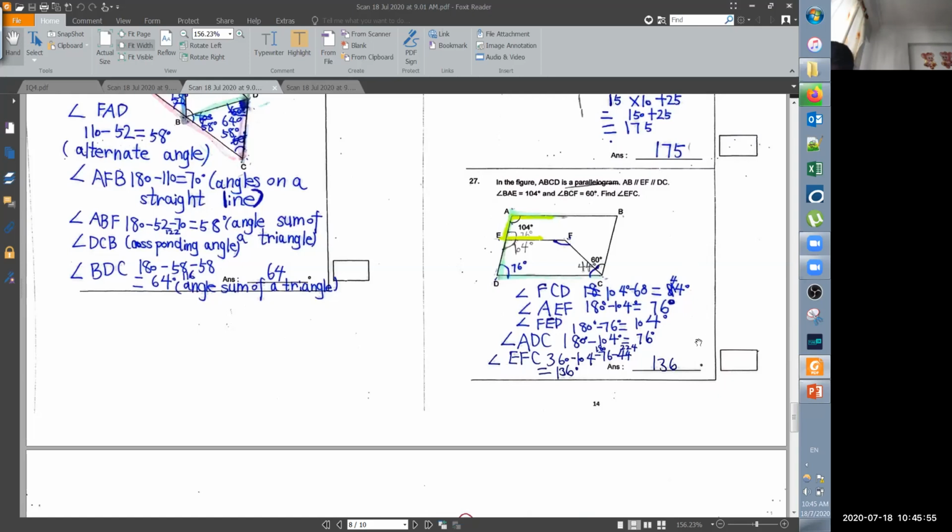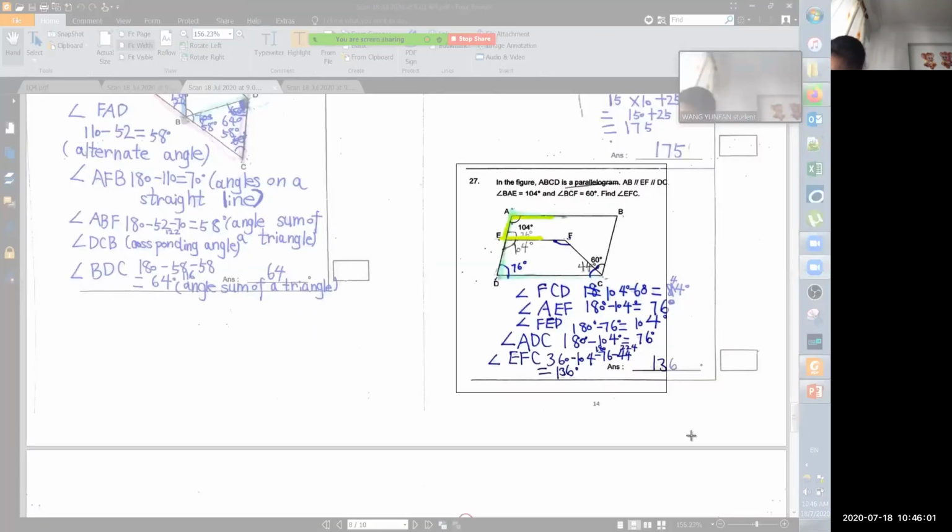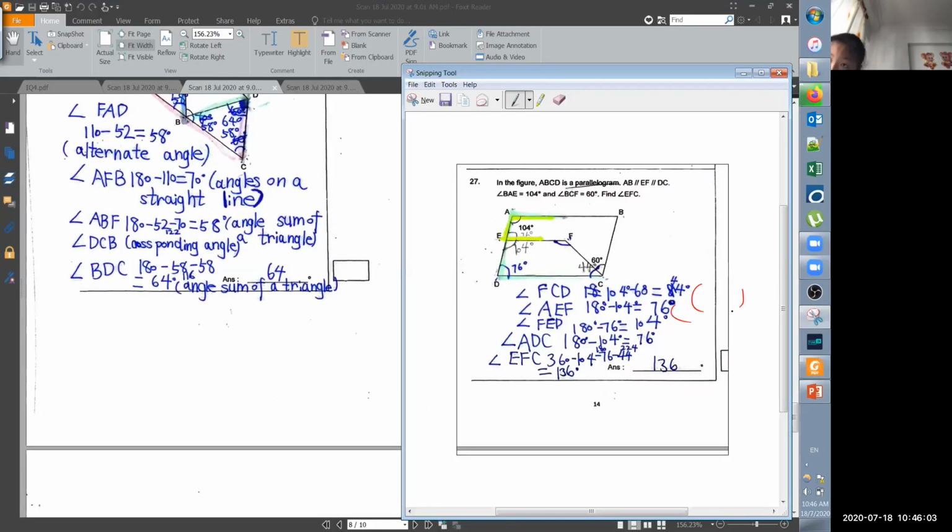Here, 27. Lazy, is it? What are all this? Oh, forgot to write. What are all this? Okay, so you have to write down all this. Anyway, you have to write down all this. Okay. Next.